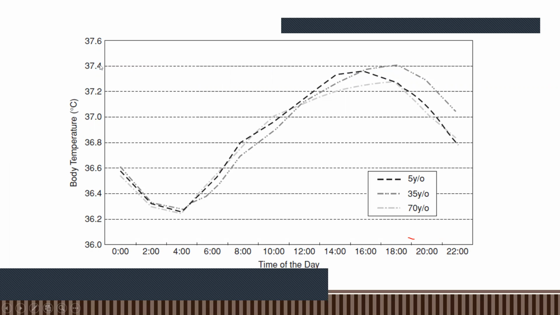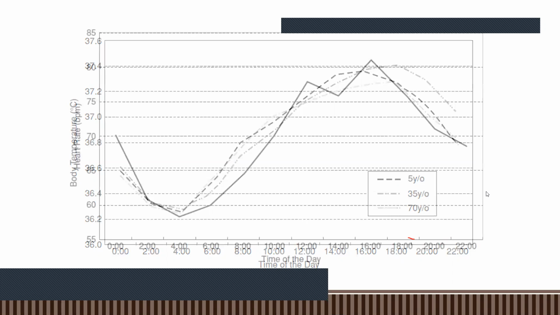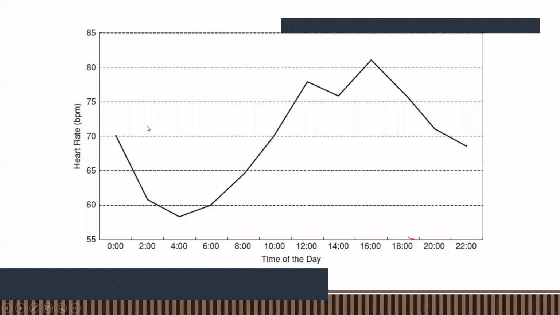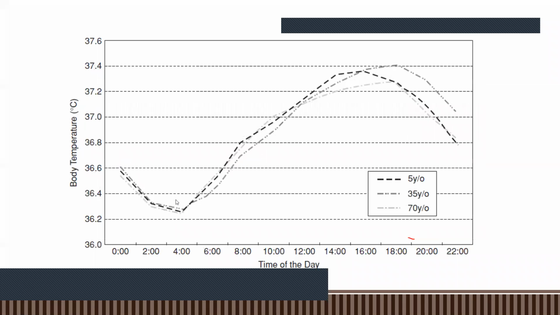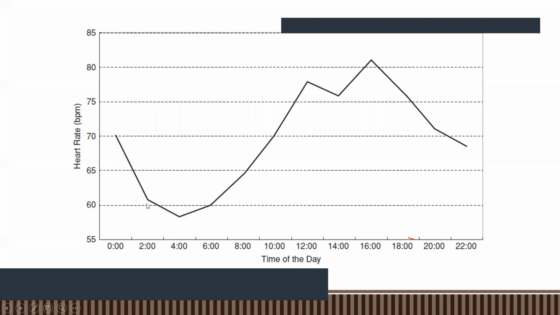There is a lower and an upper range. If the temperature shoots up, an alert should be generated to the respective staff attendant, ताकि वो उसको take care कर सके. Similarly, the same phenomenon applies to the heart rate. As the heart rate varies at different times of the day, a threshold is applied.